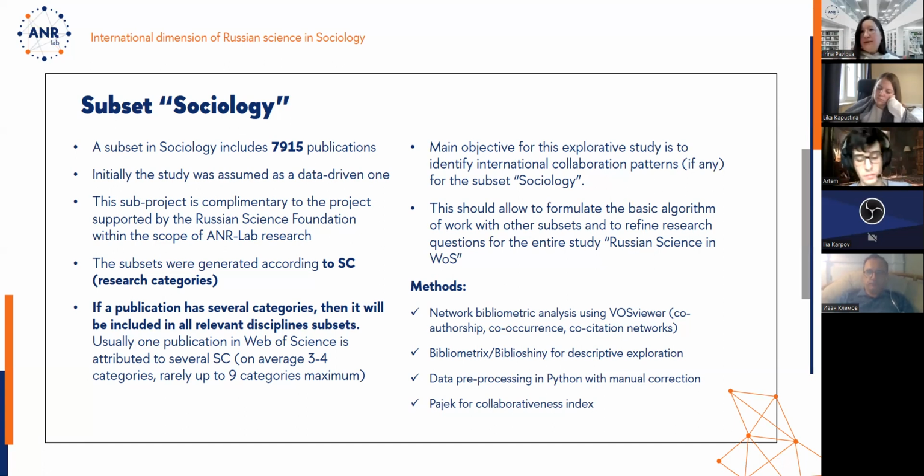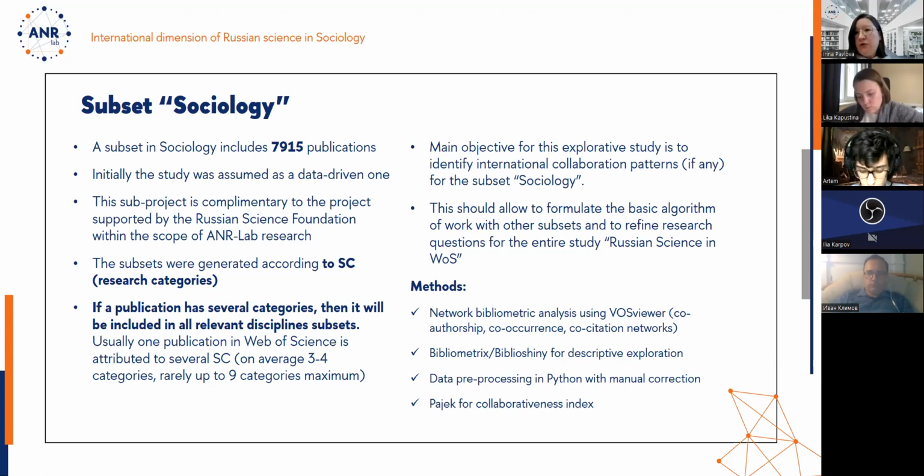But for this step, we decided to move with just one subset. And here we are definitely sure that if this SC category, sociology, is attributed to a publication, this publication, despite the type of the publication, whether it is a proceedings paper or journal article or a chapter whatsoever, is included in the data set. So we included everything possible in this sociological subset.